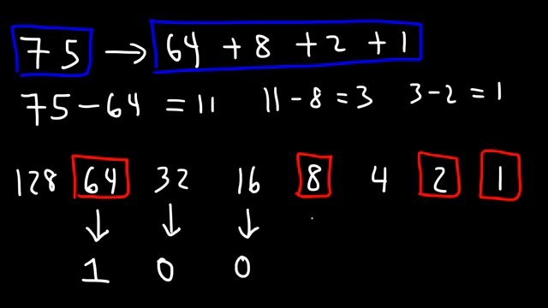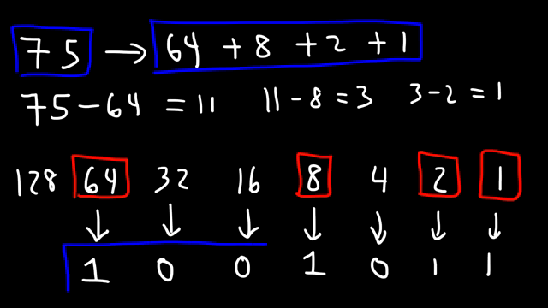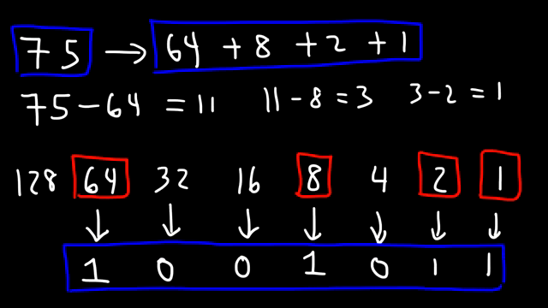We don't have a 16. We do have an 8, so let's put a 1. We do not have a 4, so let's put a 0. But we do have a 2 and a 1. So 75 is equal to 1001011.